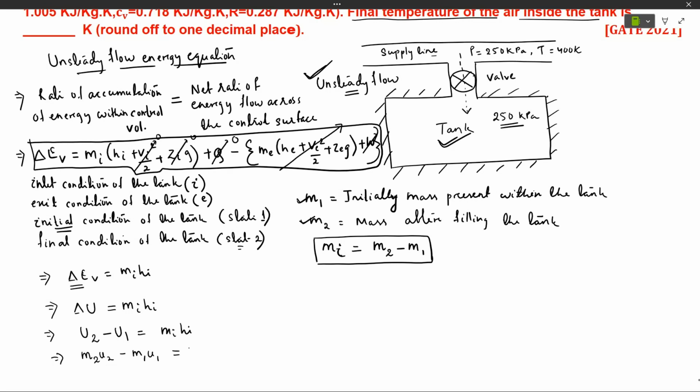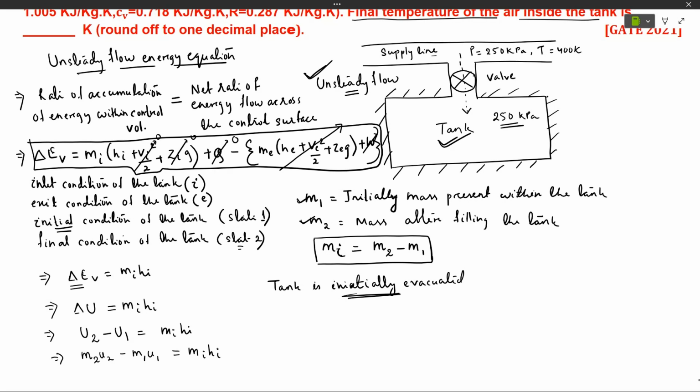m_i h_i. Now see, in the question, it is mentioned that initially the tank is evacuated. It means initially there is no mass and there is no energy present within the tank. So we consider that the tank is initially evacuated, meaning no mass or no energy remains within the tank.